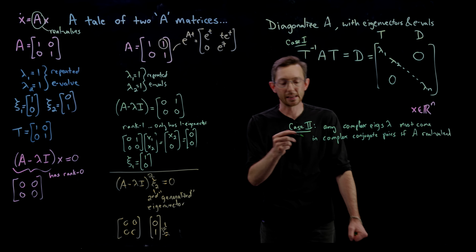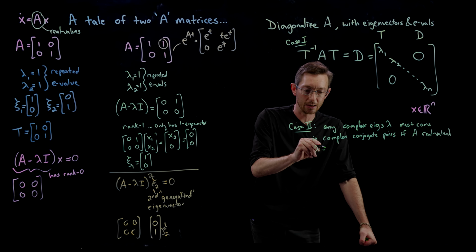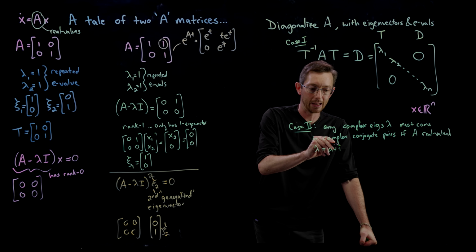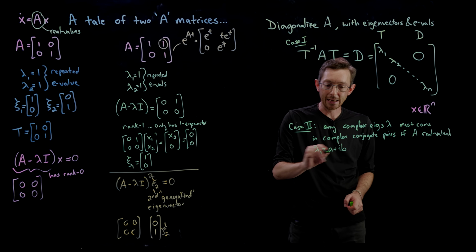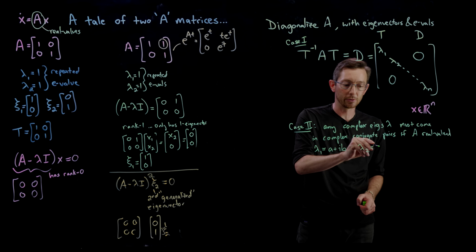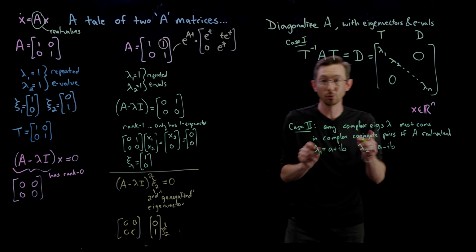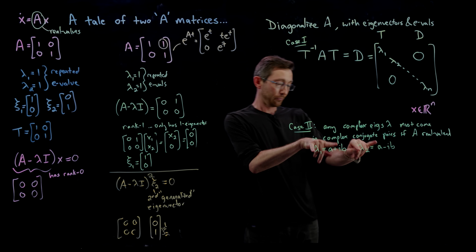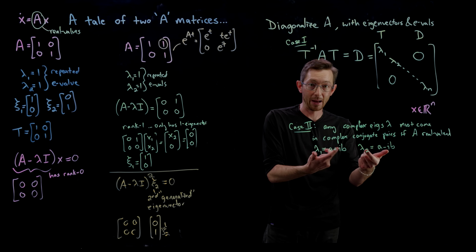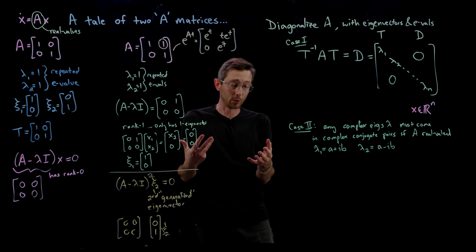And what that means is that if I have lambda 1 equals a plus ib, then I need a lambda 2 that's equal to a minus ib. That's the only way I can have a complex eigenvalue of a real valued matrix, is if it has a complex conjugate pair. So we've seen this before.